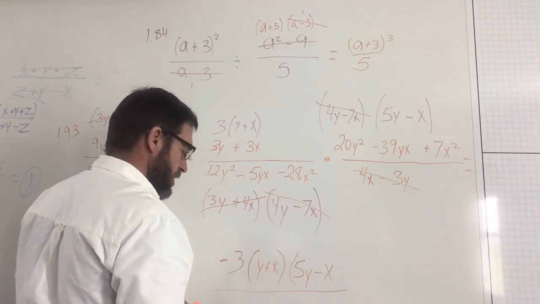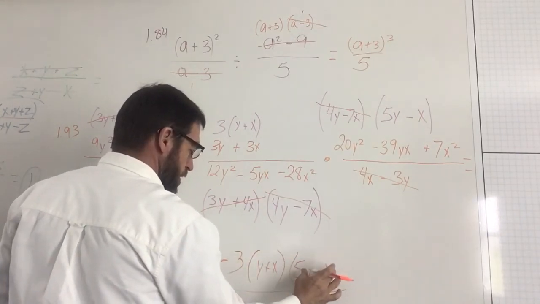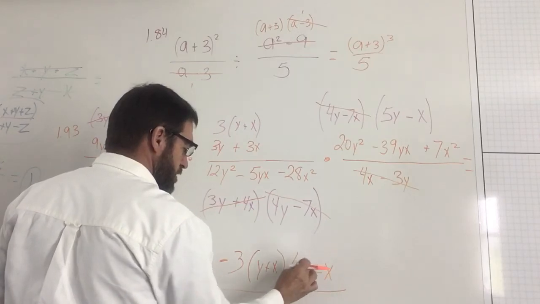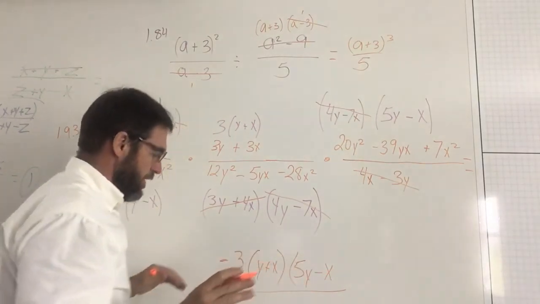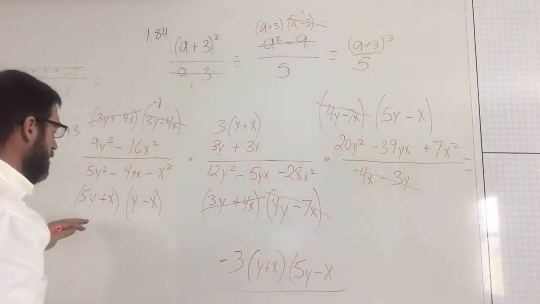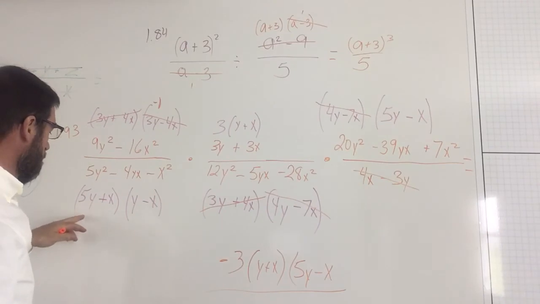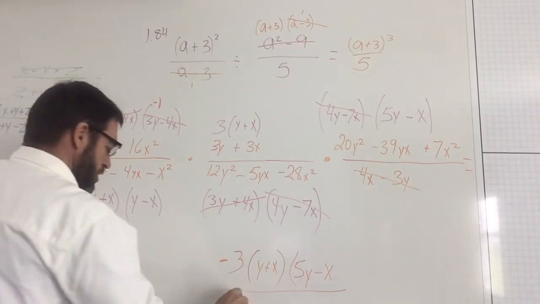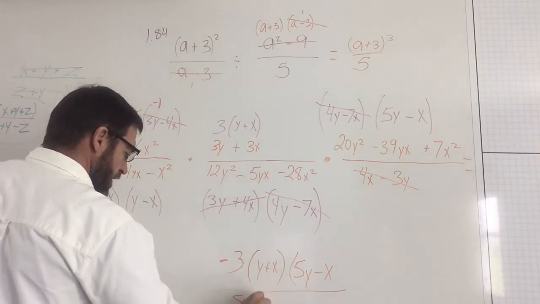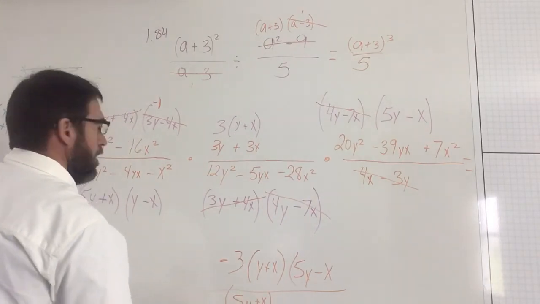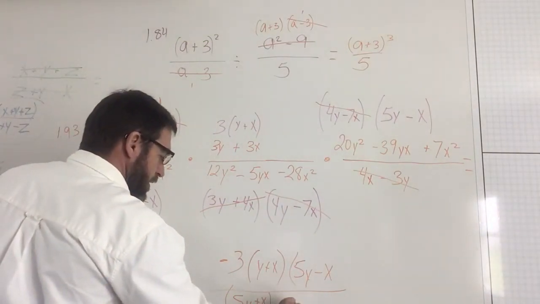And to my knowledge, I think maybe you could combine these and have 2 x's, 2 y's. They didn't do that, okay? They left it in those terms. And then here, I come back over here, I've got a 5y positive x, 5y positive x, a y negative x, and a y negative x.